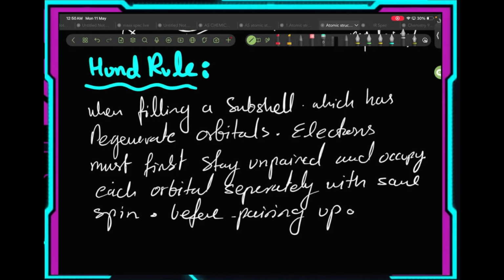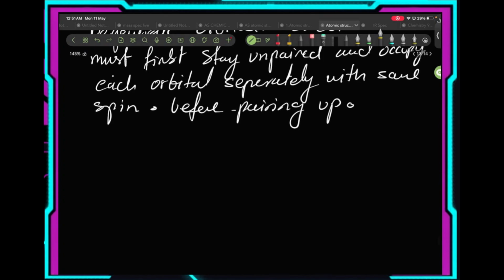Because when electrons are paired, there's repulsion. Even if they're oppositely spinning, still there's a bit of repulsion compared to if they're separately occupying different orbitals without pairing. All right. So this is the third rule that you need to apply in order to write the correct electronic configuration.